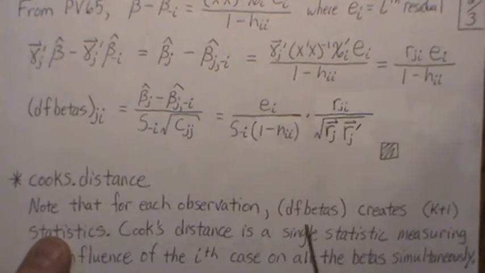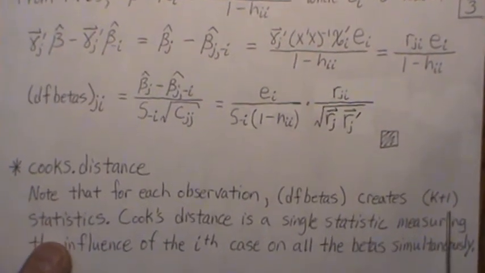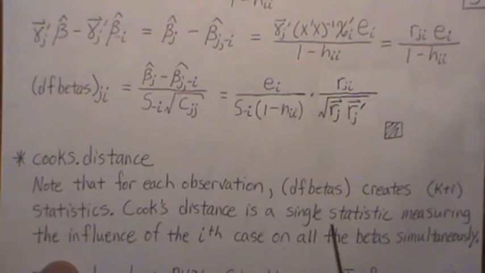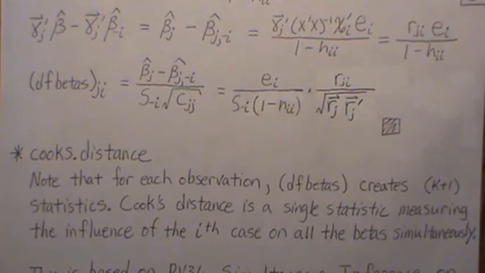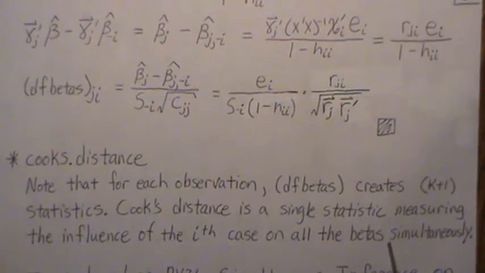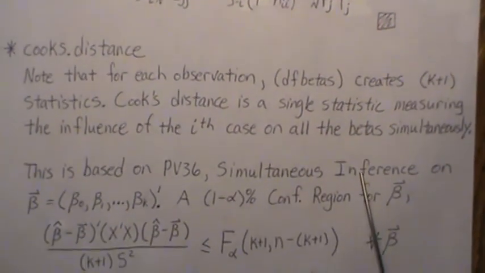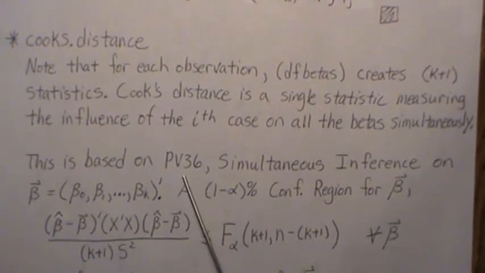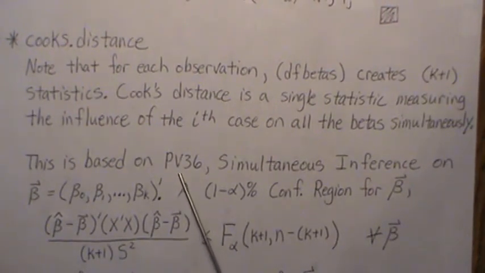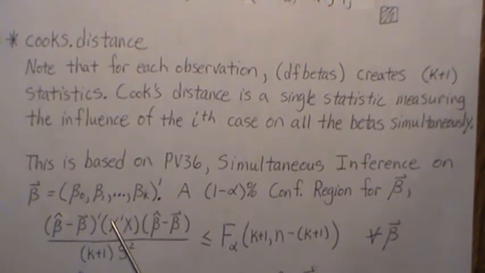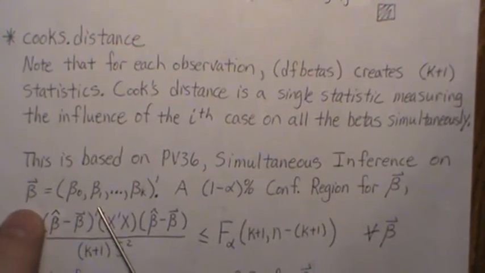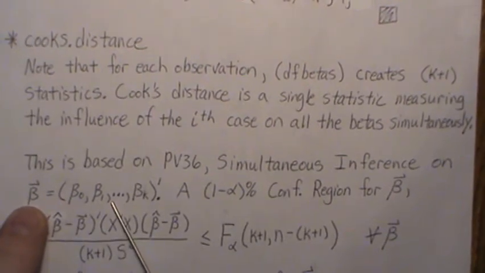So note that for each observation, DFBETA creates k+1 statistics. Cook's distance is a single measure of influence of the ith case on all the betas simultaneously. Now a little background. This is based upon a derivation we did in previous video 36, where we derived a simultaneous inference on this vector of unknown beta parameters.